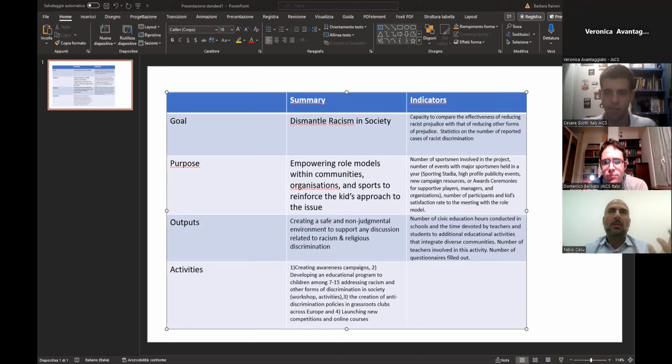Sometimes you don't agree completely on the change, but a lot of times your partners, because they have different experiences, different backgrounds, different ways of thinking, add something that is new to you. And when you work for a couple of hours with your partners on the log frame, you can see that the final log frame is totally different from your first one, but it's much better, because it's the sum of everyone's opinion. So sorry for the pause, but it was important for me to share this with you.